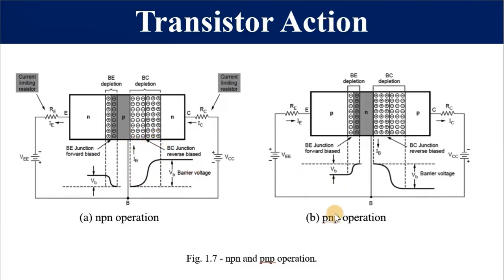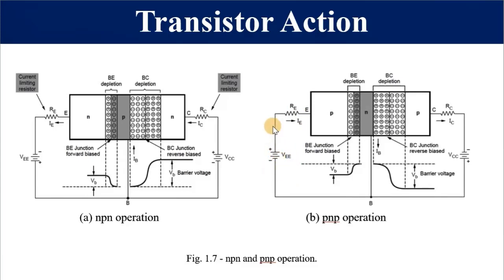Then for a PNP, it becomes opposite. And please take note that the spreading of the depletion regions around each junction remains the same. And also, we still have RE, but the direction of flow of conventional current has changed.